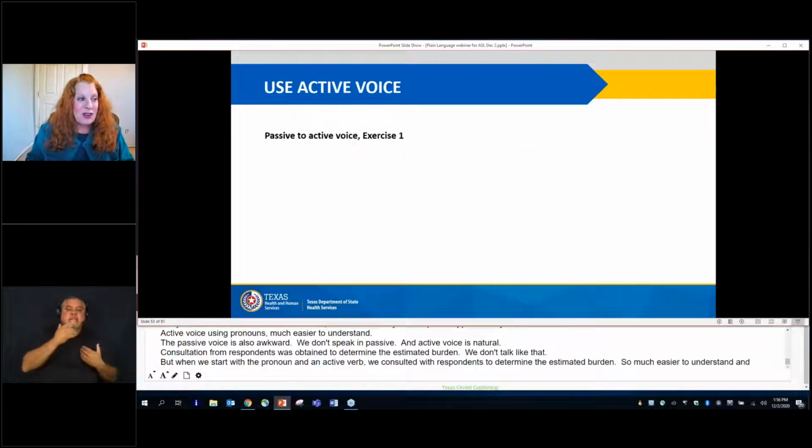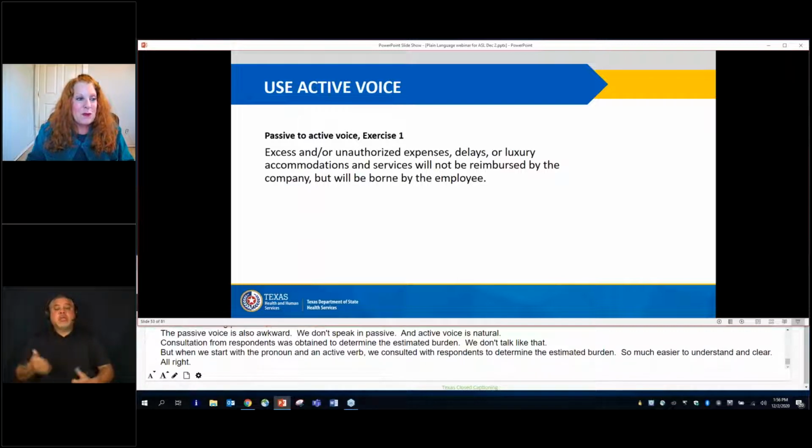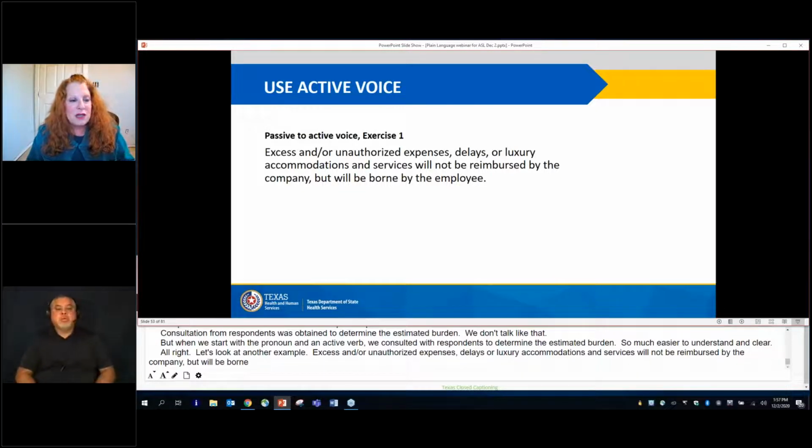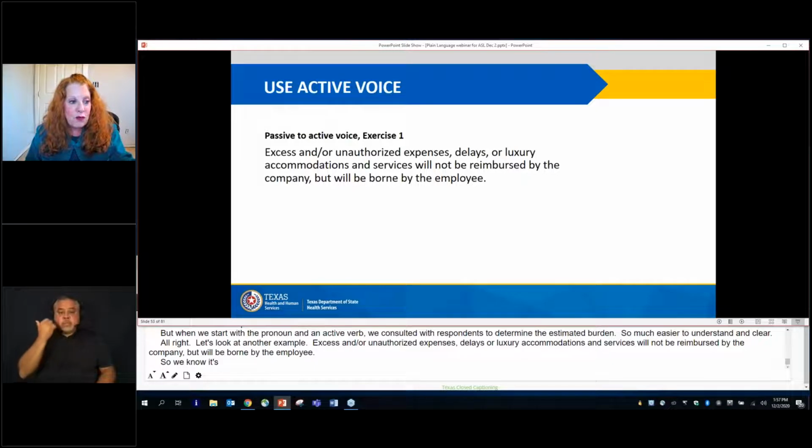All right, let's look at another example. Excess and/or unauthorized expenses, delays, or luxury accommodations and services will not be reimbursed by the company, but will be borne by the employee. So we know it's passive because the person doing the action, in this case the company, follows the verb, which is reimbursed.